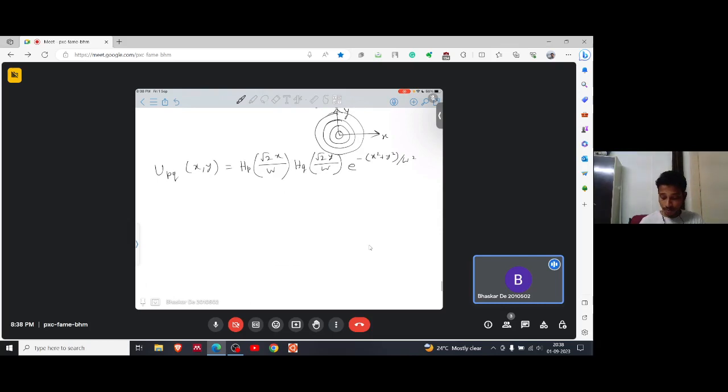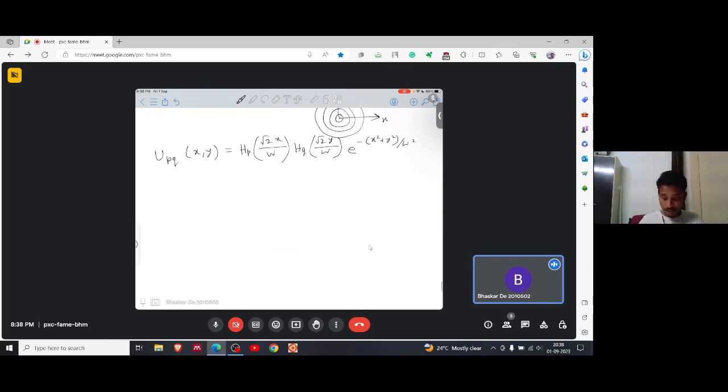This is the form of the transverse mode of a laser beam which has a Gaussian profile. Particularly this part is a Gaussian with a form of e to the power minus x square, but it is a two-dimensional Gaussian, so it has e to the power minus (x square plus y square).